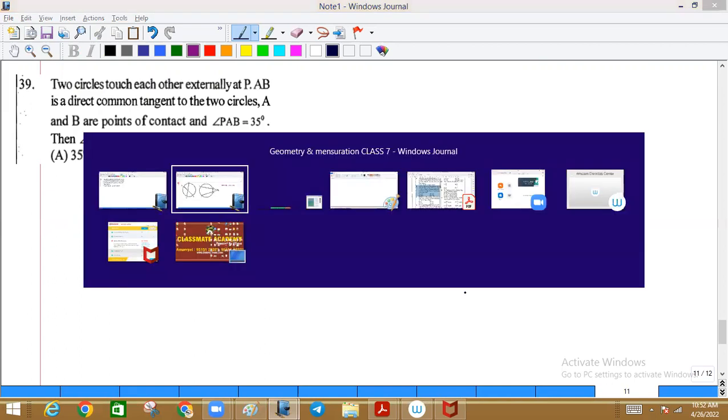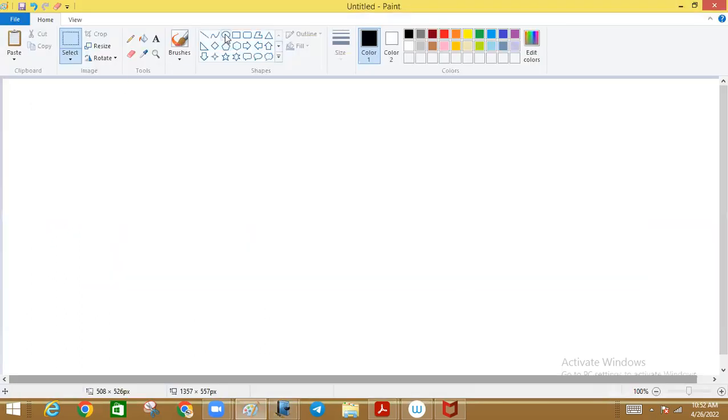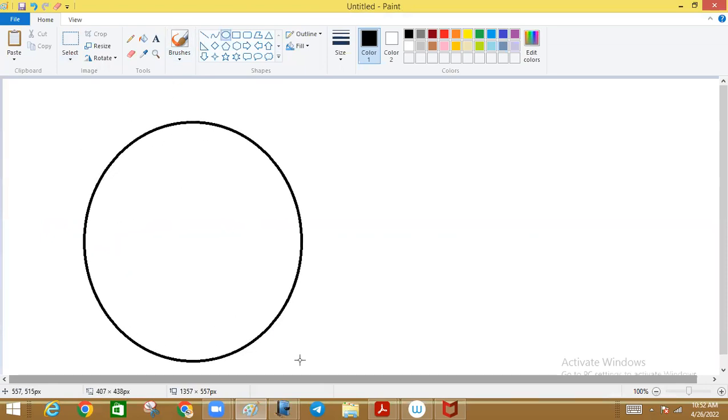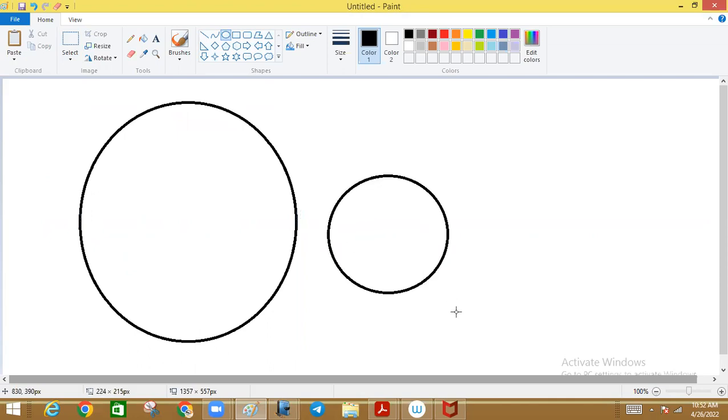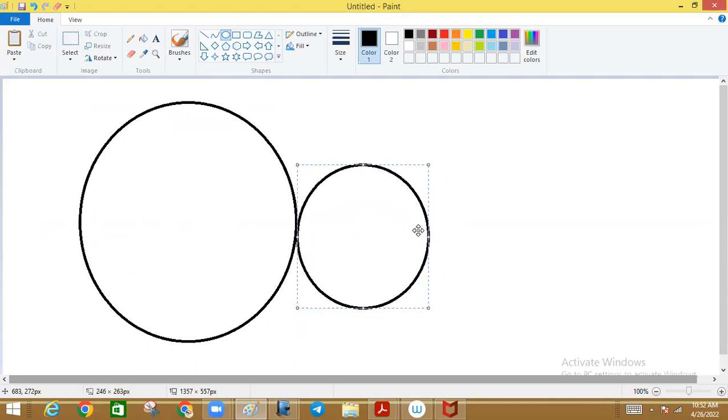At P. So there are two circles. This is one circle. Let's draw another circle. This one is a common tangent. These two circles touch at what point?